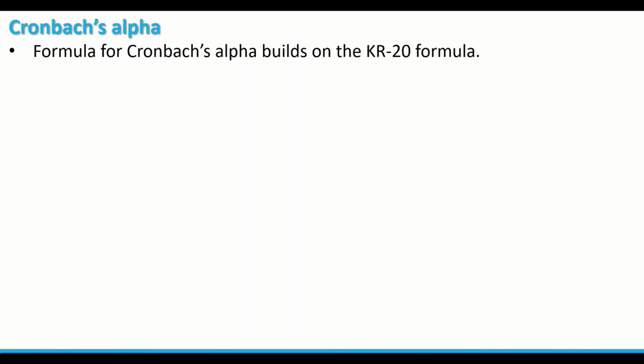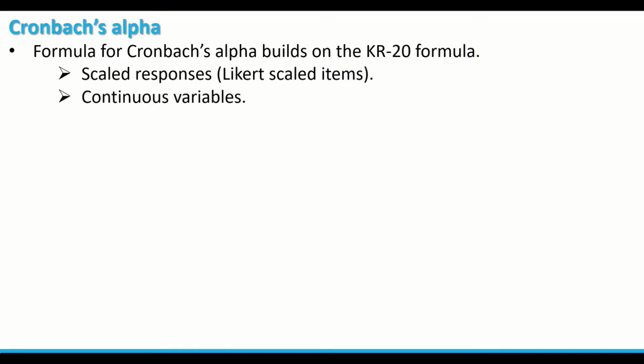Cronbach's alpha formula is built on the Kuder-Richardson 20 formula. It can be used for the analysis and testing of the reliability of data that is based on scaled responses, such as Likert scaled items from 2 up to 11-point Likert scale.